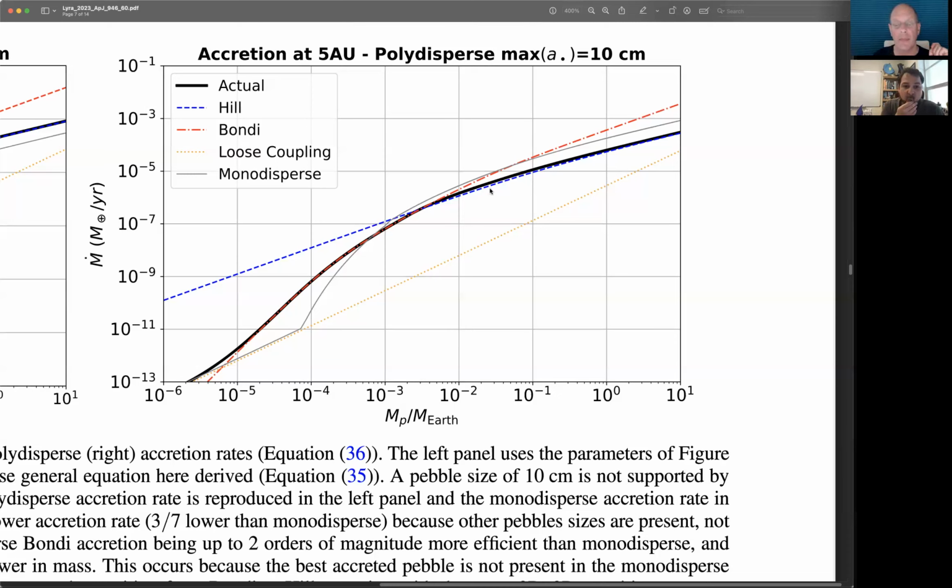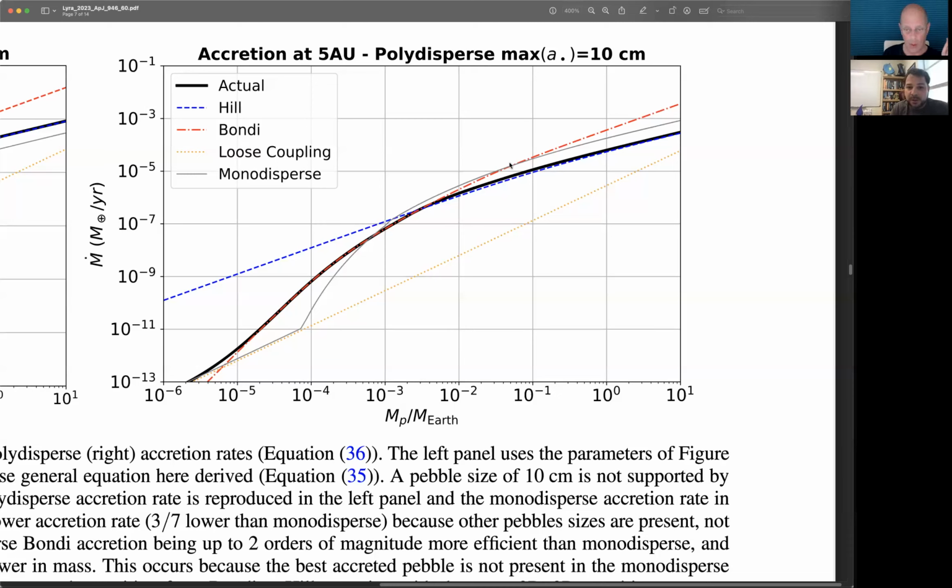That is the major finding: the Bondi regime has 1 or up to 2 orders of magnitude higher accretion rates in the polydisperse case, meaning more than 1 pebble size, compared to the monodisperse rates. Also, the onset of Bondi accretion is extended to 2 orders of magnitude lower in mass.